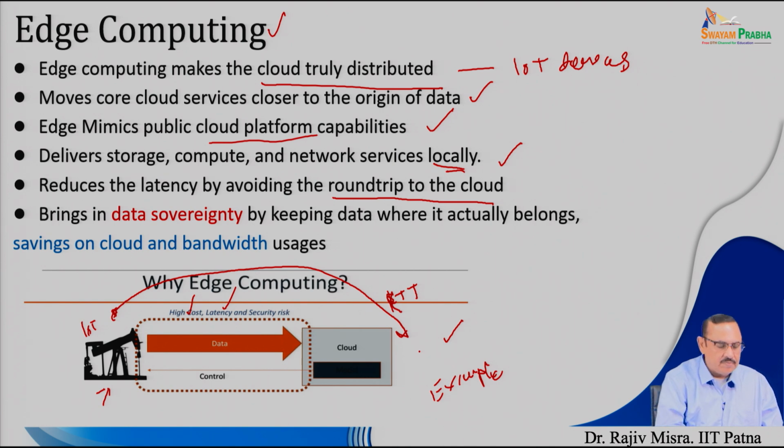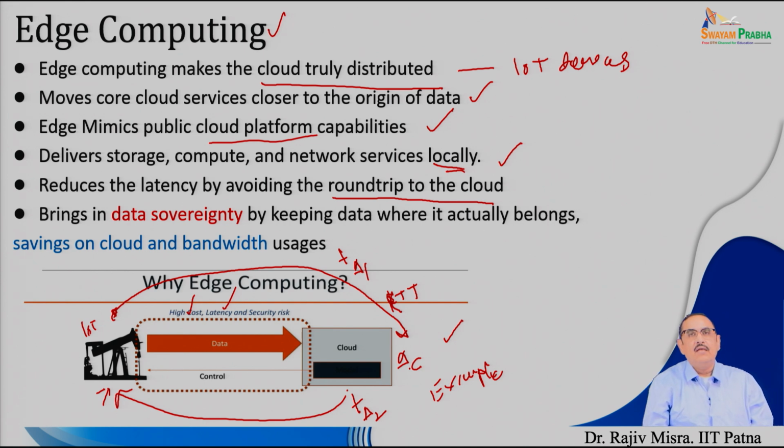Round trip means sending the data, doing the computation at the cloud, and then getting the results back. Sending the data takes, let us say, a delta 1 time, then returning the results back, and doing the computation takes some computation time. So, the total time is called round trip delay.